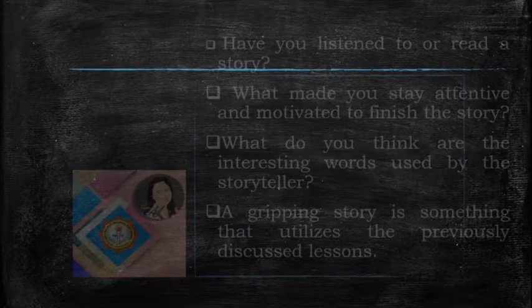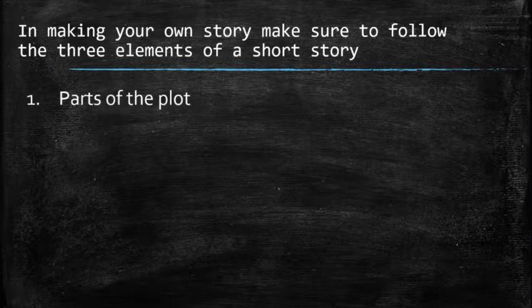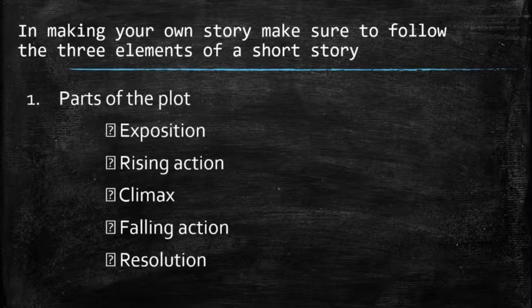That's right. In making your own story, make sure to follow the 3 elements of a short story. First is the parts of the plot. We discussed this in our previous lesson. We have exposition, rising action, climax, falling action, and resolution.